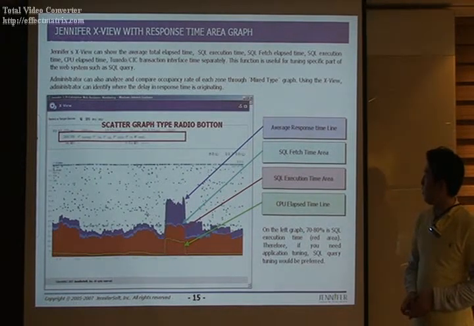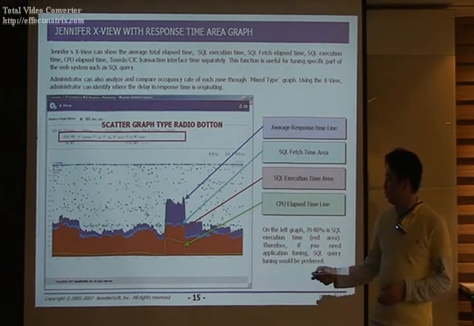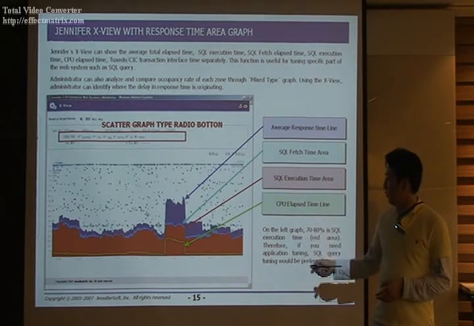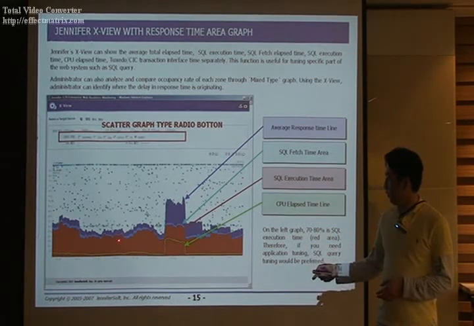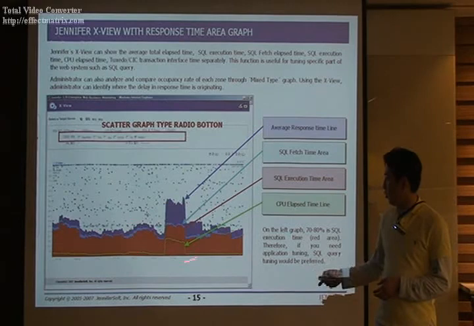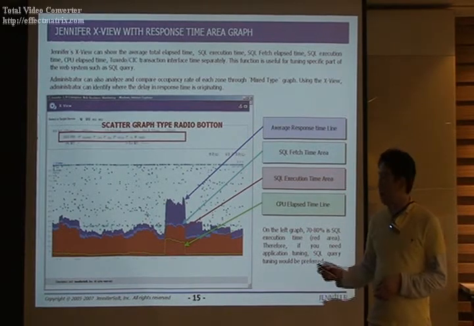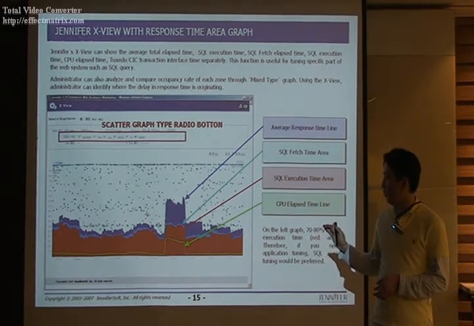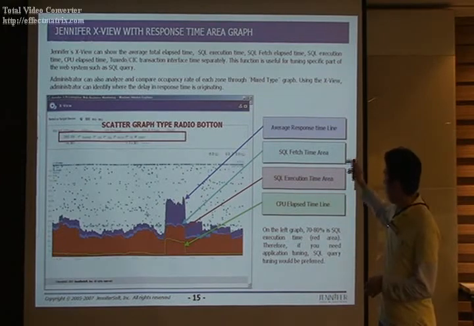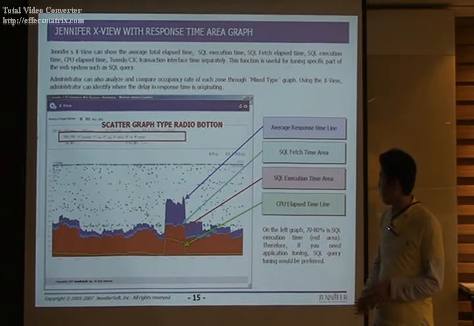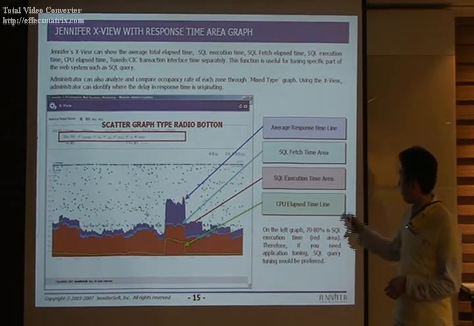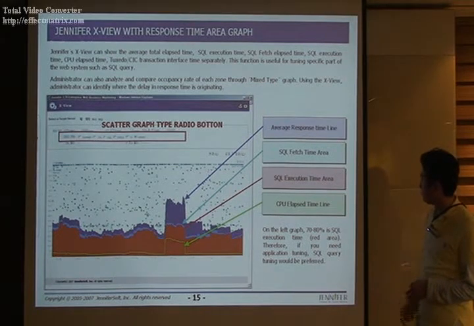Jennifer's XView response time area graph is also a very useful tool. It basically takes the XView and puts the area graph portion of it so that it measures how much time the process took in each of the 4 portions that you see over here. The top dark blue indicates the total average response time.